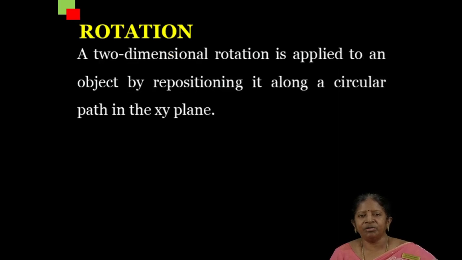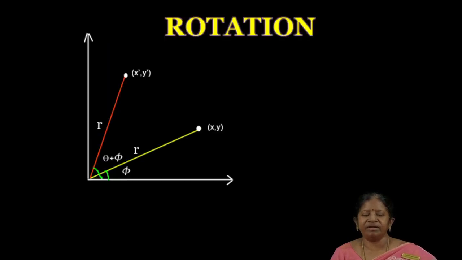Now we move on to the third one, rotation. Rotation is a two-dimensional transformation that is applied in the 2D plane, or the xy plane, that changes the angular position or orientation of the object. How will you apply the rotation? Here is an illustration.